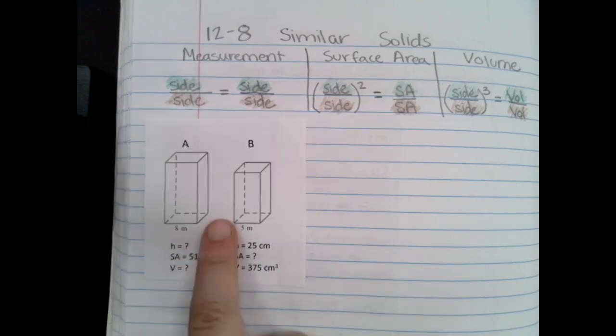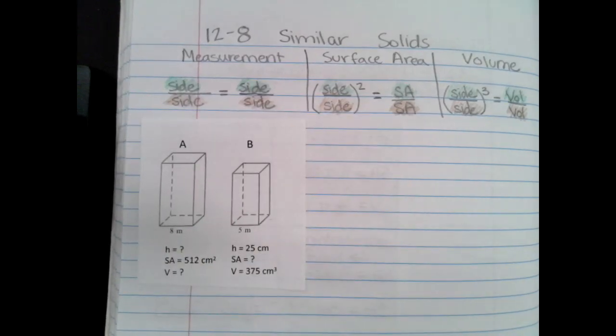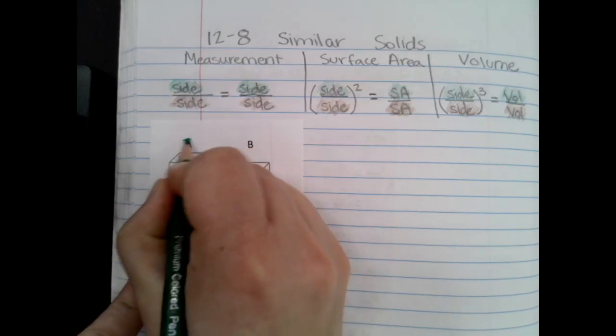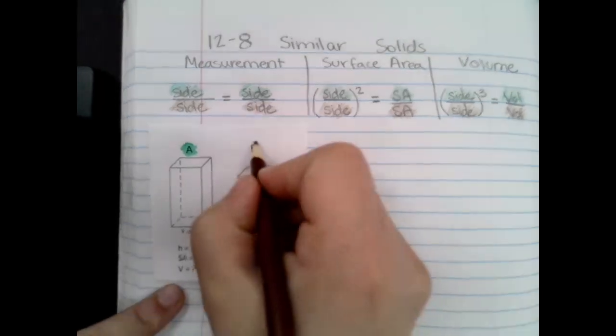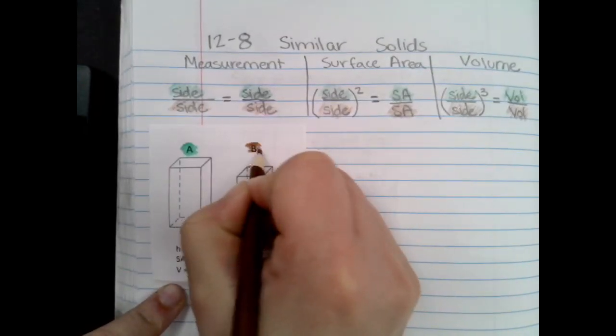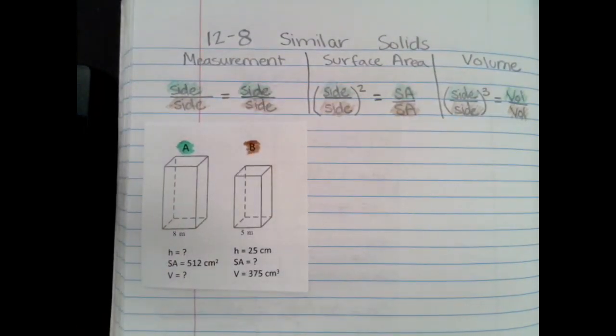So first thing we're going to do, I'm going to color code A and B here. I'm going to make A my green, and I'm going to make B my brown. If you'd like to also color code, you can. If you don't want to color code, that's fine.